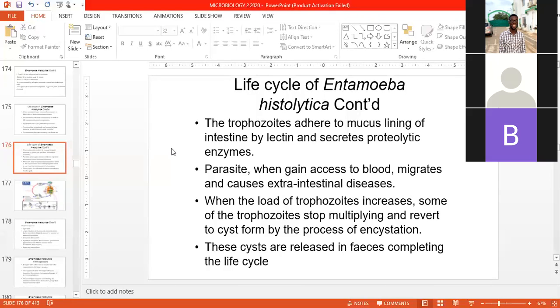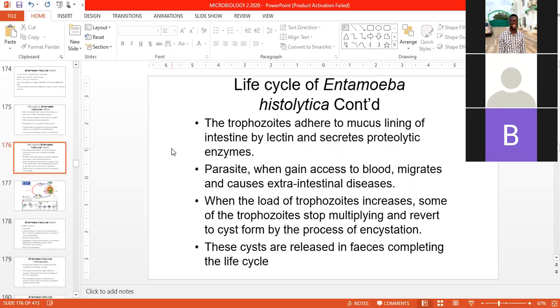While it is within the intestine, it inhibits the absorption rates of the intestine, so the fluid balance there will be interfered with. By so doing, the patient will be presented with diarrhea, which we call dysentery.